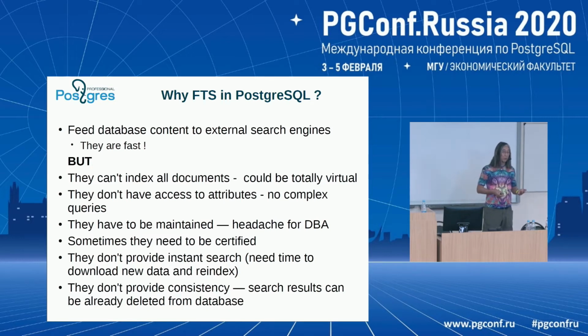Elasticsearch is not certified, and it cannot be certified because Elasticsearch owners would say we don't need this. But in our reality, for some systems, especially those that process personal data, you have to have an engine that is compliant with the requirements. It doesn't matter whether a requirement is good or bad, but they exist and you have to be compliant with them. PostgreSQL has an embedded search engine, and our version of Postgres is certified.